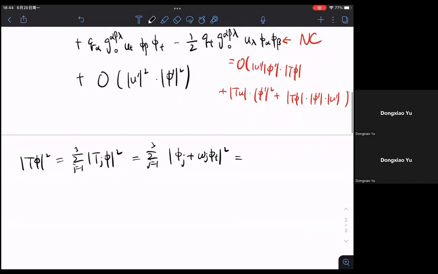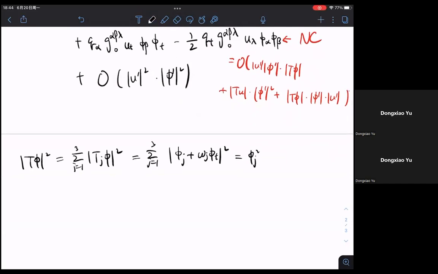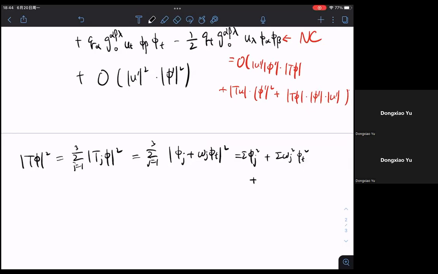If you expand everything, you get phi j squared, take the sum, plus omega j squared phi t squared, also plus 2 phi j omega j phi t. If you expand this square and take the sum, you get these three terms. The first two terms, if you take the sum, because the sum of omega j squared is equal to 1, the first row is equal to phi t squared plus phi j squared, take the sum.